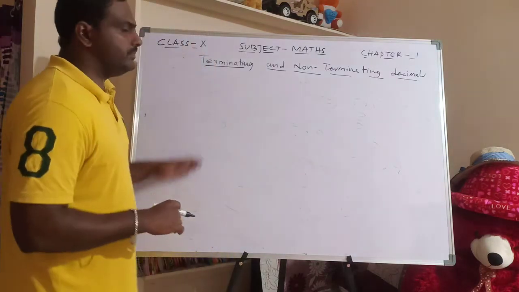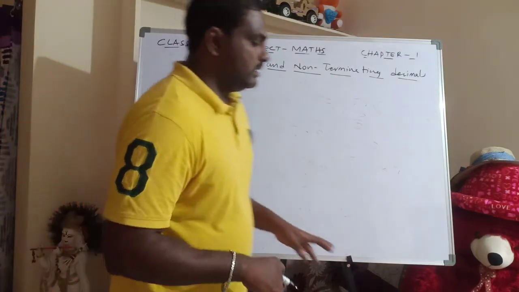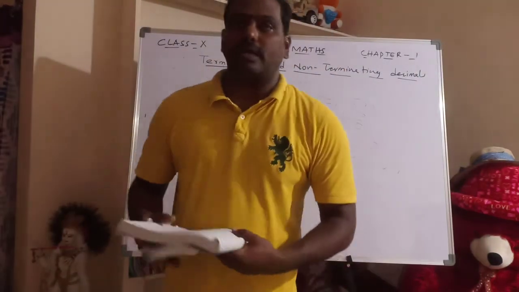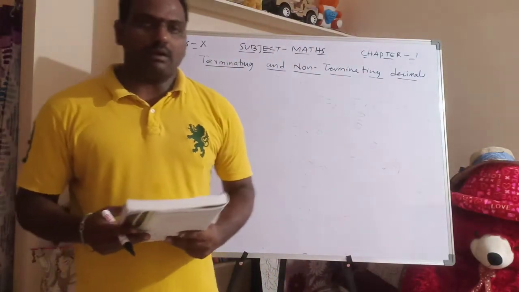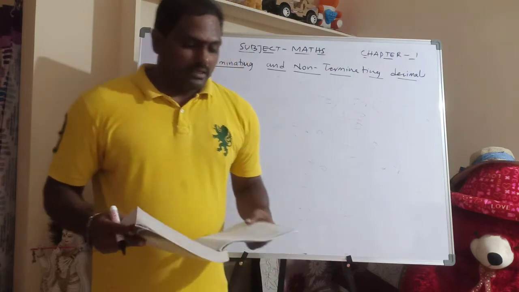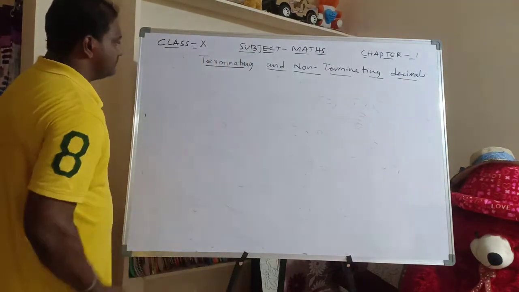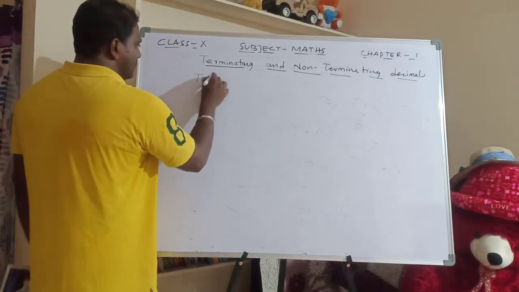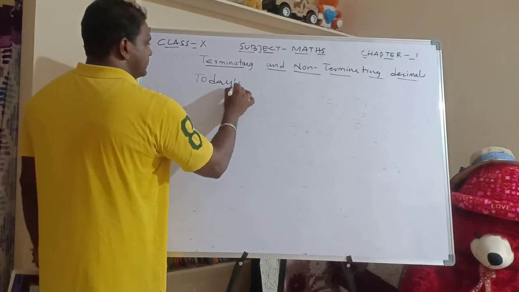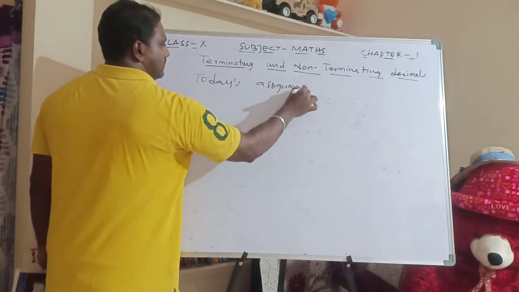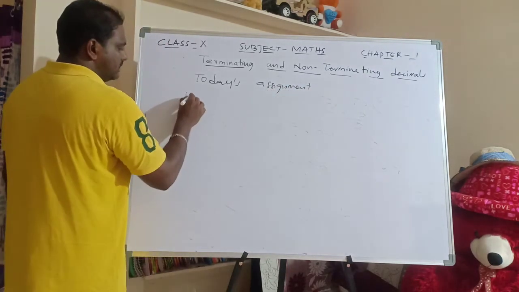And we have discussed some points on how to finalize or conclude whether it is terminating or non-terminating. Right? So now, that's all. Today's assignment: what you have to do is write all the 3 theorems.